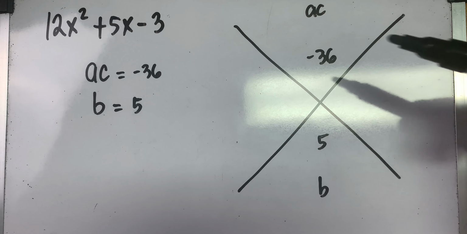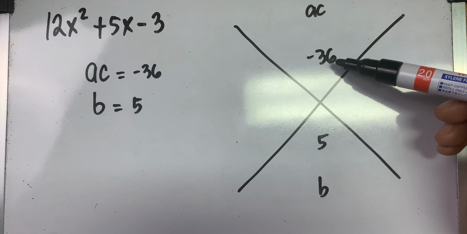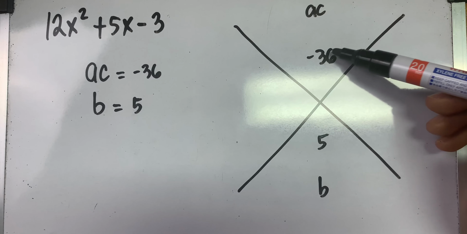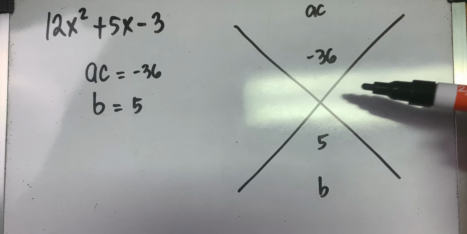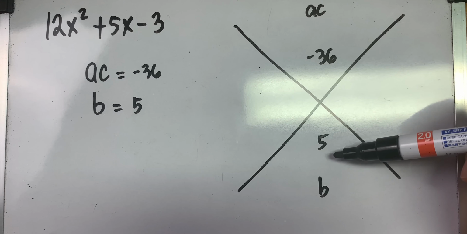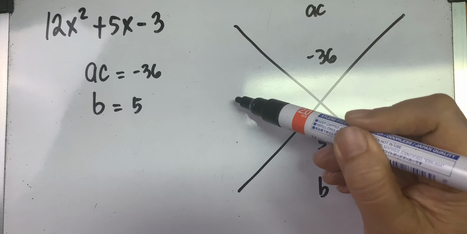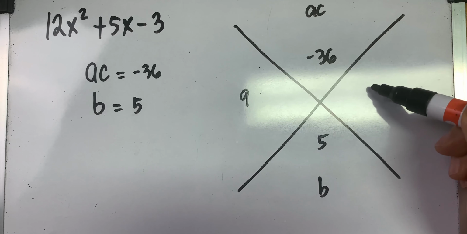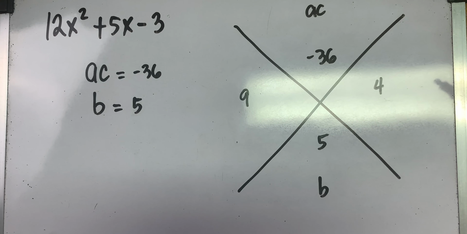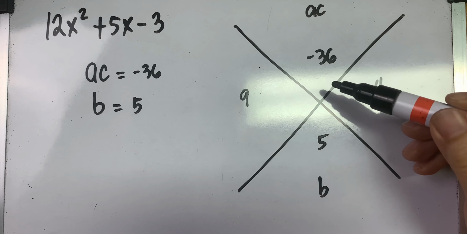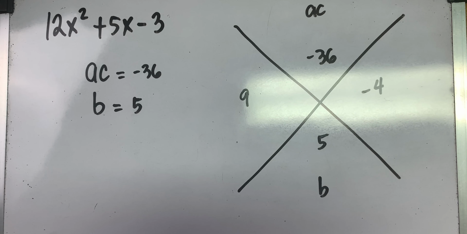Okay, so in this case, negative 36. So ano yung dalawang numbers na ang product nila ay negative 36 pero kapag inadd mo sila, positive 5. So that number is 9 at saka 4. Okay? I mean 9 and negative 4.